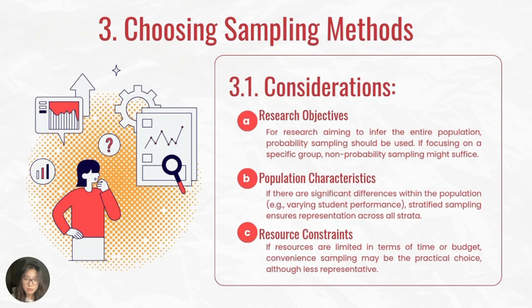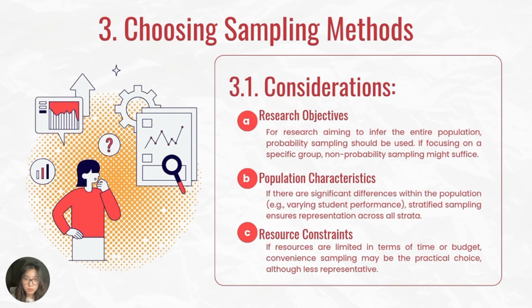Probability sampling methods such as simple random sampling, stratified sampling, and cluster sampling are appropriate when generalizability is important. On the other hand, if the study focuses only on a specific group or subgroup, non-probability sampling methods may be more appropriate.